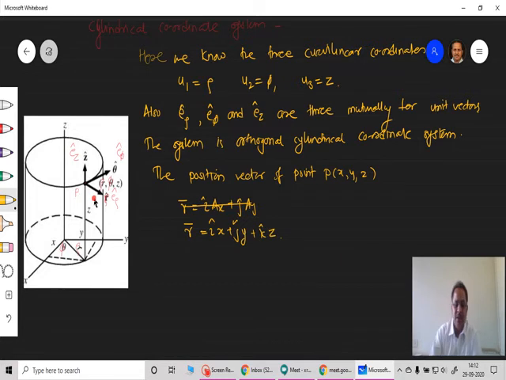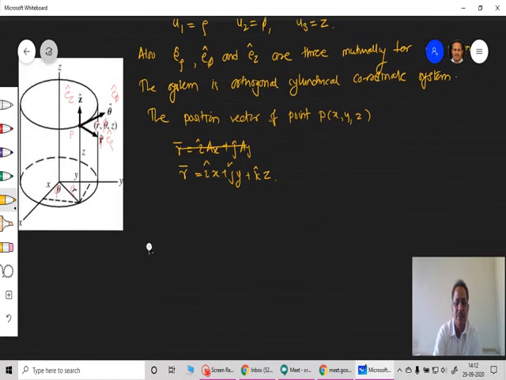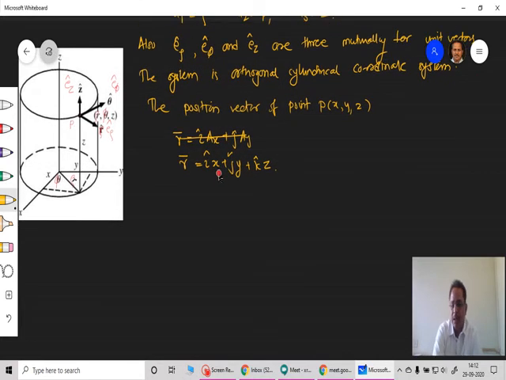But for that, we must know the relations to convert this vector r bar in terms of the coordinates rho, phi and z. We must know the transformation equations.